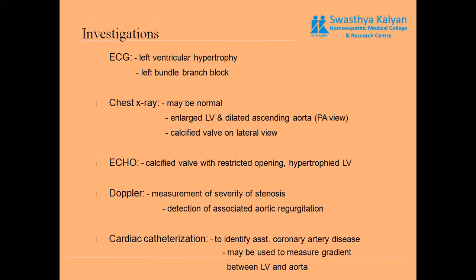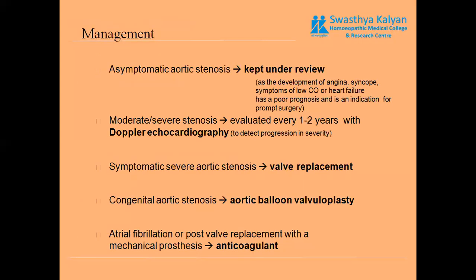Investigations: ECG, X-ray, echo, Doppler, and cardiac catheterization can be done to look into the following changes. Under the section of management, usually when the patient is asymptomatic, they are just kept under review.